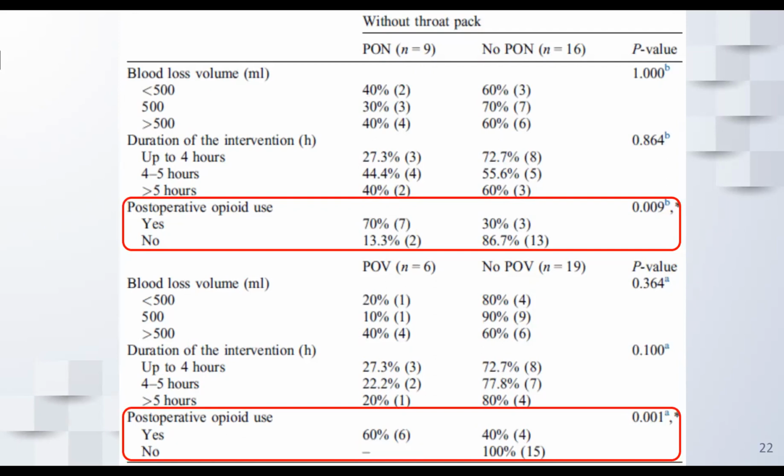And then this is the group without throat pack, which had a similar result. Patients who used post-op opioid had a higher chance of PONV. And 83% of the patients who had vomiting used opioid for post-op pain control. And similarly, 76% of the patients who had PON used this post-op opioid rescue analgesic.